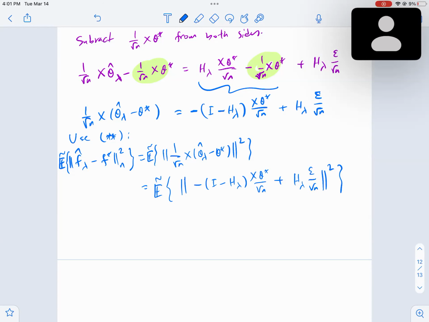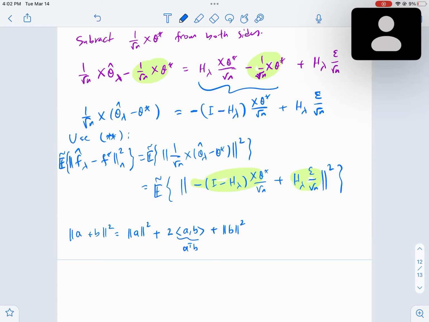I will assign this as a homework problem so that you can figure this out for yourself. If you expand, you get this guy's norm squared plus this guy's norm squared plus twice the inner product. So it's like a plus b squared is norm a squared plus twice the inner product of a and b, a transpose b, plus norm b squared.